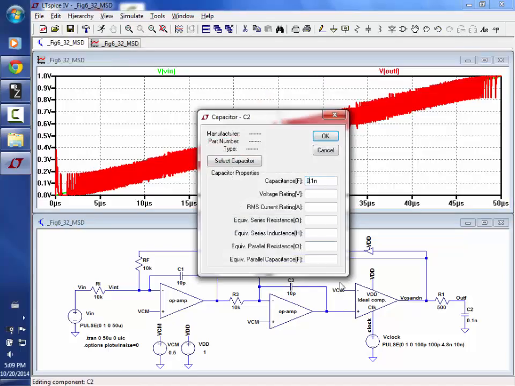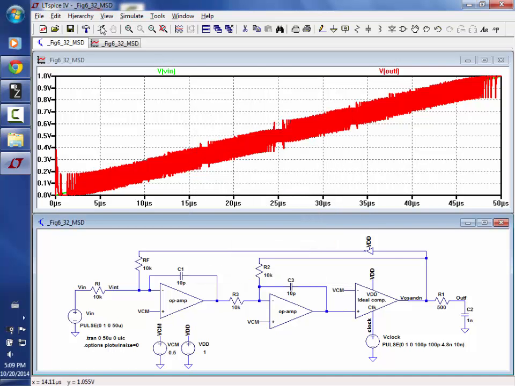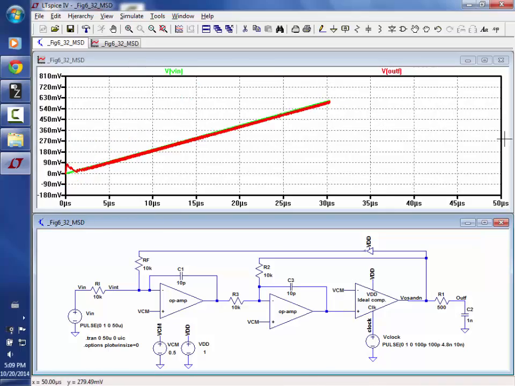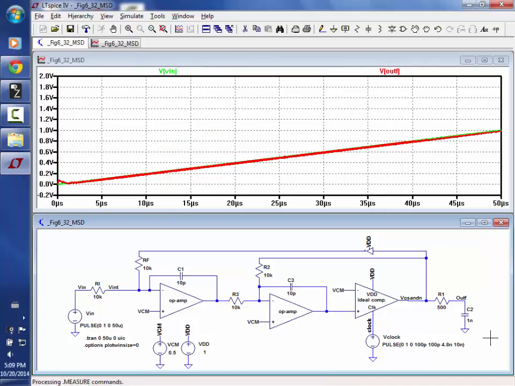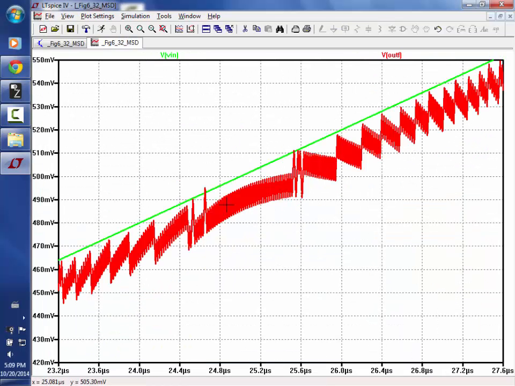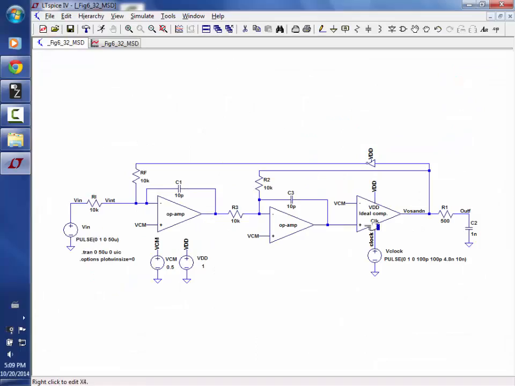Let's go 1 nano. That should reduce the noise by a factor of 10. Can't make it too big because then you get a delay. And you can see it's not as flat, meaning there's not as big of a tone there with the second order modulator. And again, we'll cover this later.